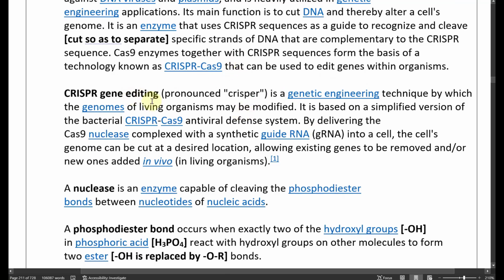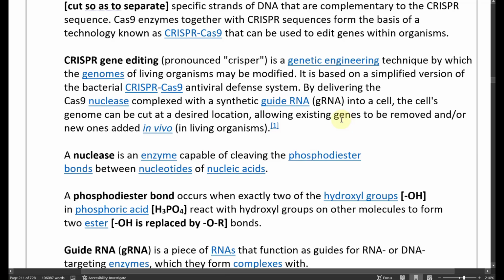Yes, this is all coming together now. CRISPR gene editing is a genetic engineering technique by which the genomes of living organisms may be modified. It is based on a simplified version of the bacterial CRISPR-Cas9 antiviral defense system. By delivering the Cas9 nuclease, another enzyme, complexed with a synthetic guide RNA or gRNA into a cell, the cell's genome can be cut at a desired location, allowing existing genes to be removed and or new ones added in vivo, in living organisms.